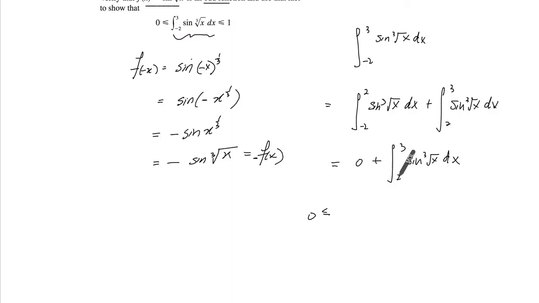But because it's an odd function, this right here is equal to 0. Okay. So clearly we can say that this is greater than or equal to 0, because this is 0 plus 2 to 3.